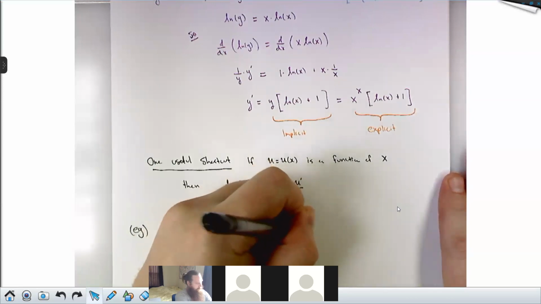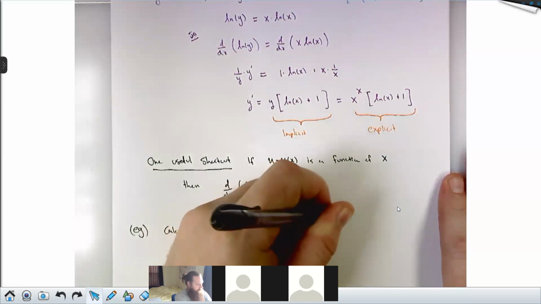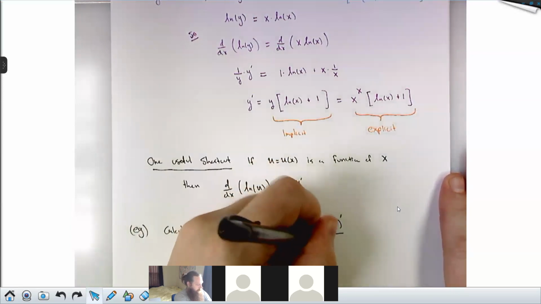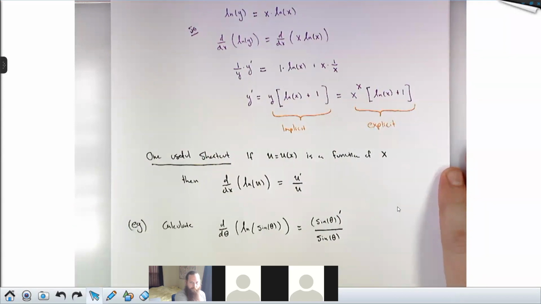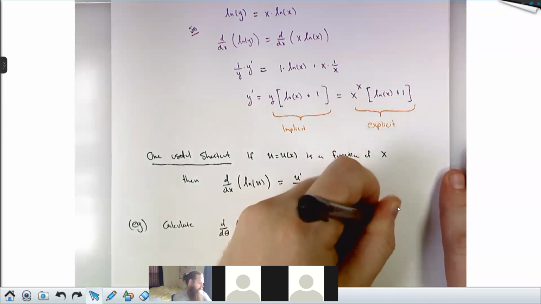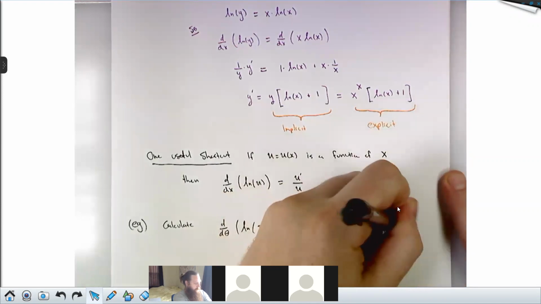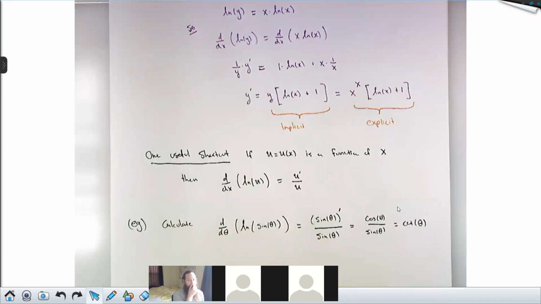So this would be the derivative of sine theta divided by sine theta itself. And the derivative of sine is cosine. So this would be cos theta over sine theta, or cotangent theta. Just a silly shortcut.